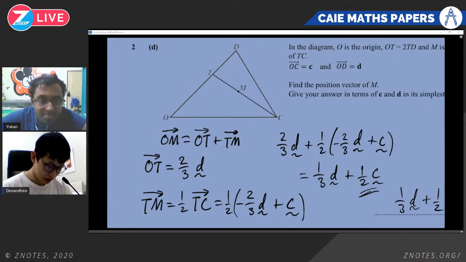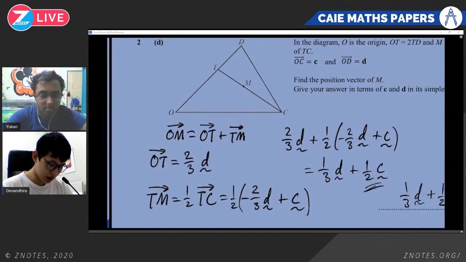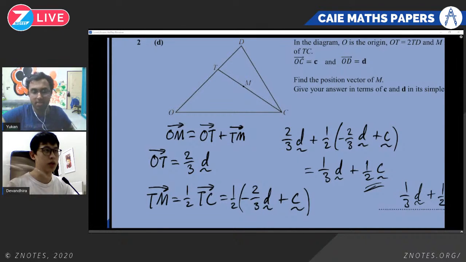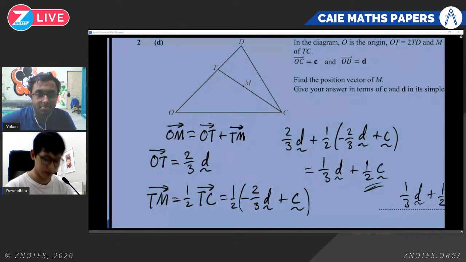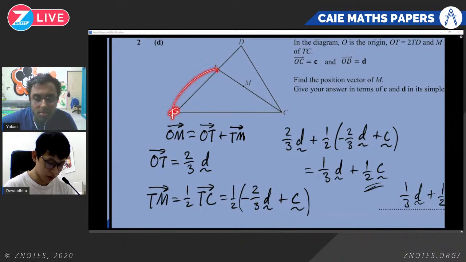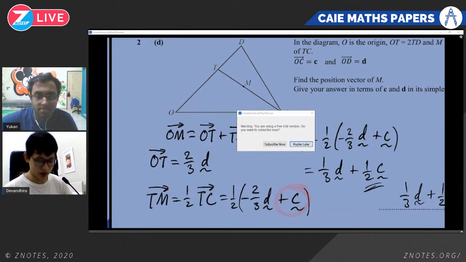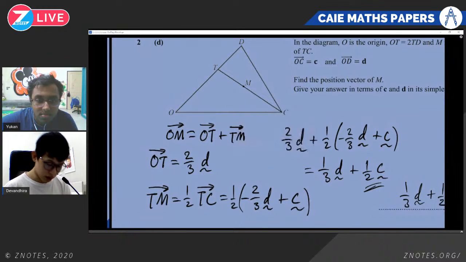Yeah. So that means TC would be TO. So instead of 2/3 of D, it'll be -2/3 of D because it's going in the opposite direction, so you have to take the negative. Now that you're at O, you're going to go to C, so you just have to add C. Overall, TM is represented as this vector.